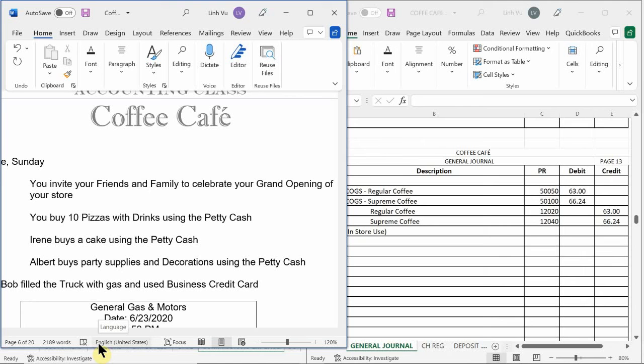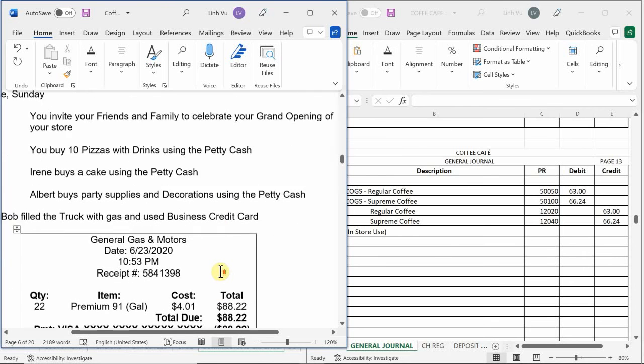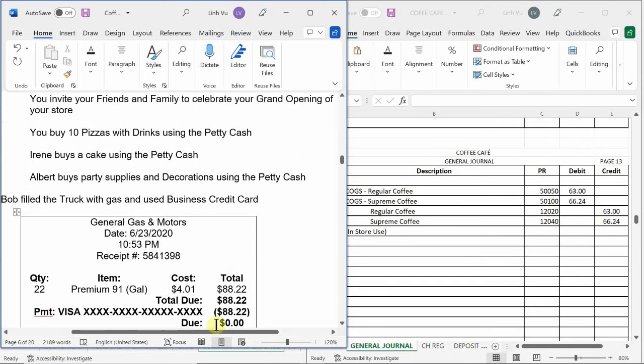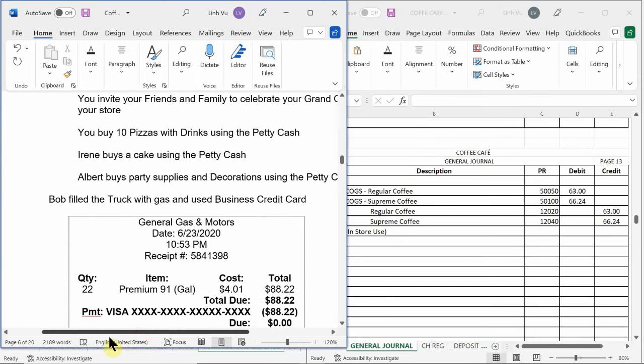So in this case, I'm just letting you know here that Bob, me, the accountant, went to go get pizzas and drinks, and then Irene went to go get the cake, and then Albert went to get party decorations and supplies, and all three of us used the petty cash drawer, okay. So then let's see what is next here, okay.